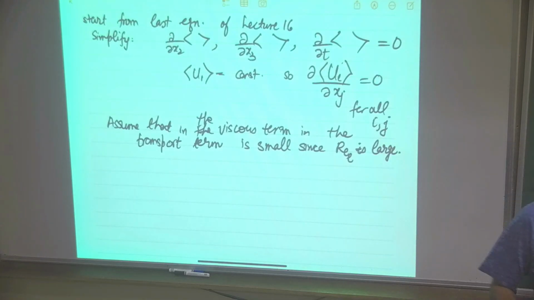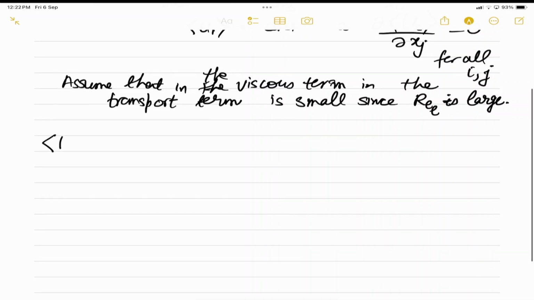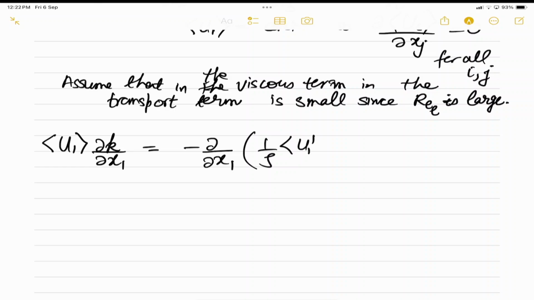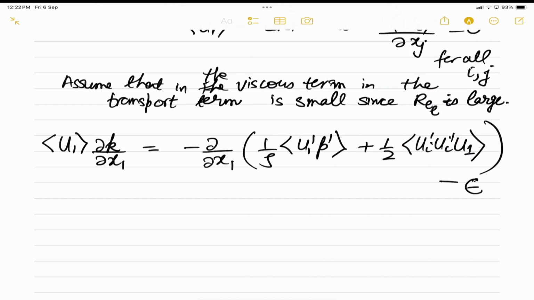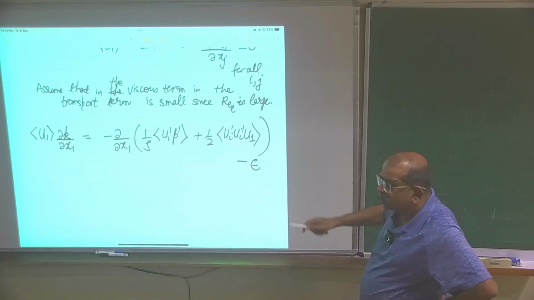So therefore that term will be neglected, and based on this, the equation becomes mean of u1 ... there is no production term here because dui by dxj is 0. Okay? So we get this equation.